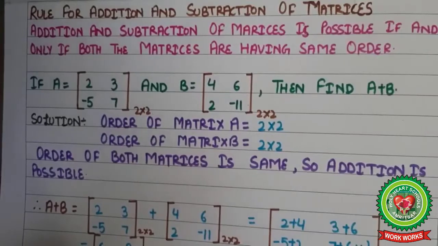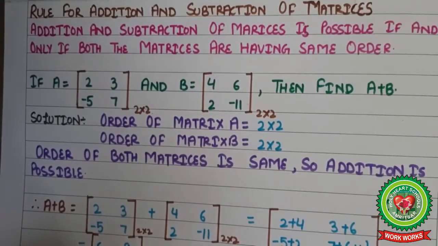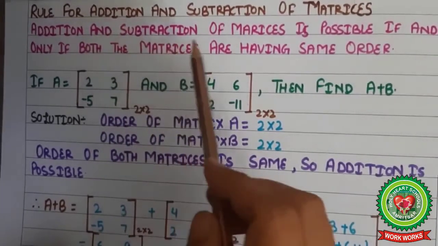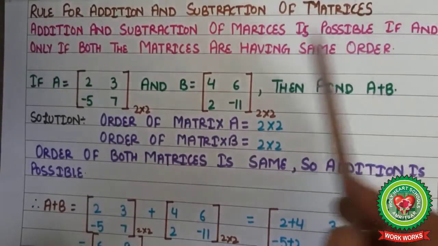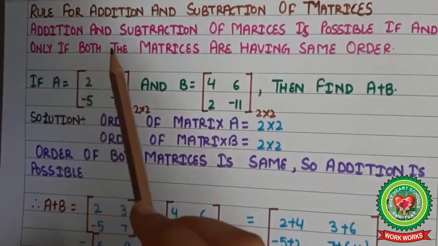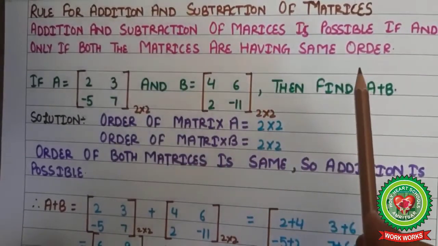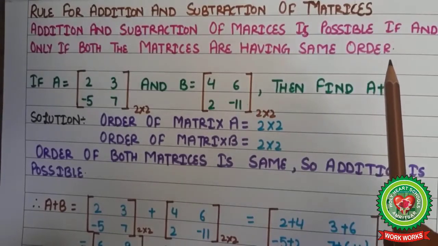There is a rule for addition and subtraction of matrices. According to that rule, addition and subtraction of matrices is possible if and only if both the matrices are having the same order. Means for addition of two matrices, the order of both matrices should be equal.